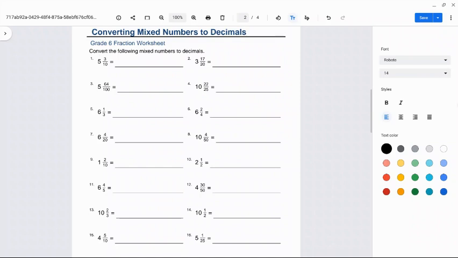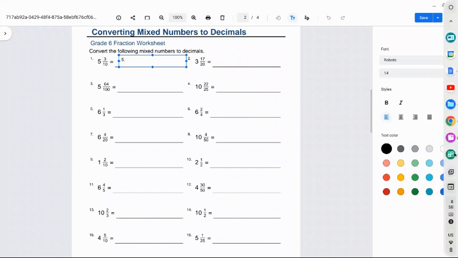So I'm going to grab my text tool, and the first thing I'm going to do is write the whole amount that I have. It says I have 5, so I'm going to do 5, and then I'm going to add my decimal. And then I'm going to use the calculator to convert this fraction into a decimal number. So I'm going to take the numerator and divide it by the denominator.